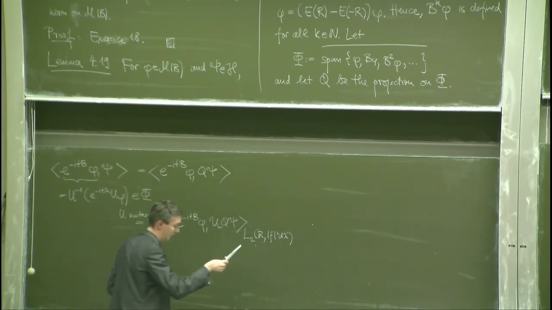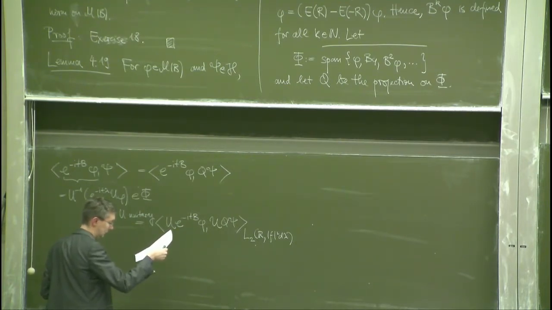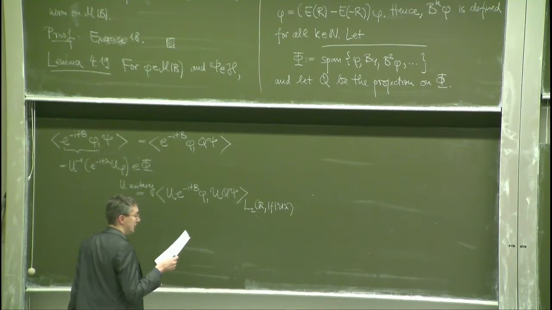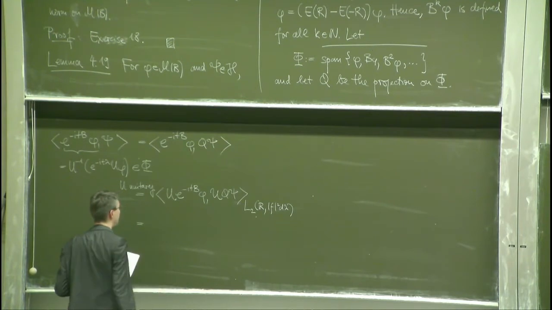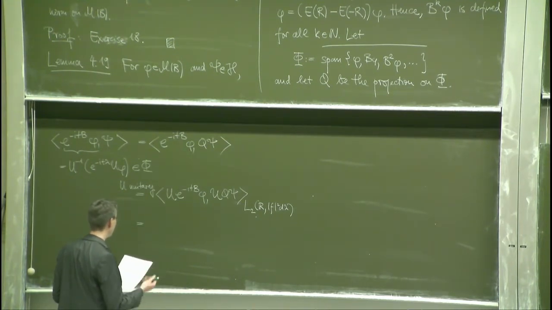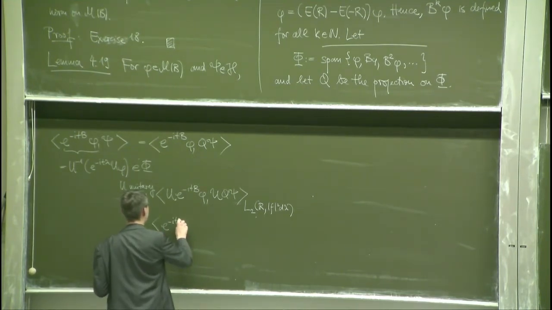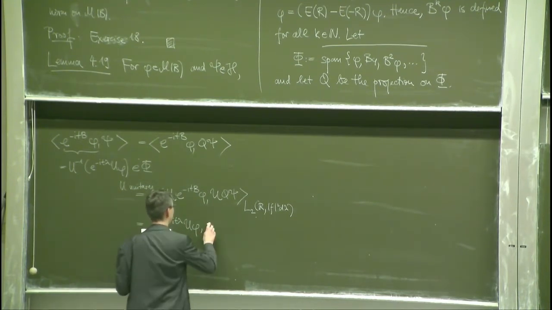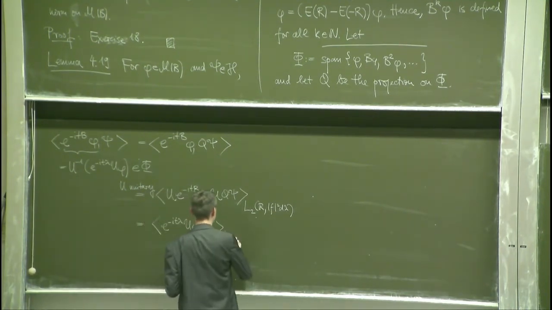This is important to keep in mind. And now we use the multiplication operator version of the spectral theorem, and then we get that this is the scalar product of exponential minus IT lambda U phi multiplied with eta. This was the function eta that I had defined in this L2 space here.